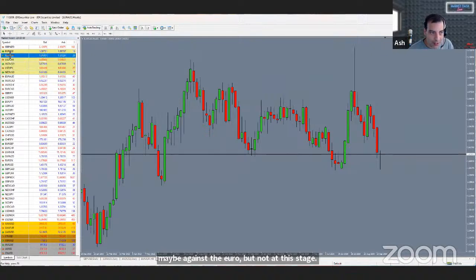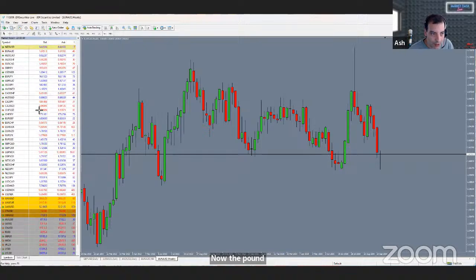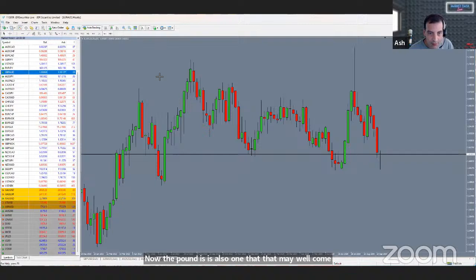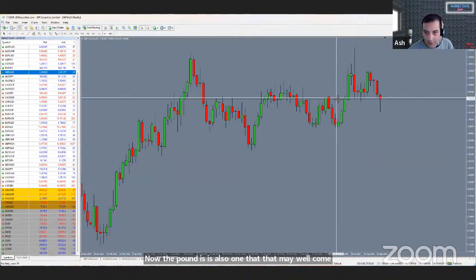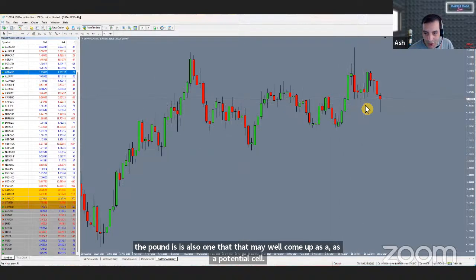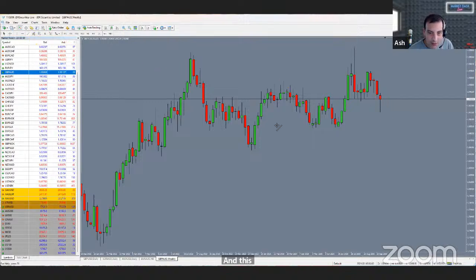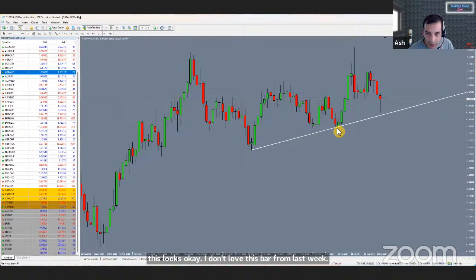Now the pound is also one that may well come up as a potential sell. And this looks okay. I don't love this bar from last week, but let's just see where the resistance might be on the daily.